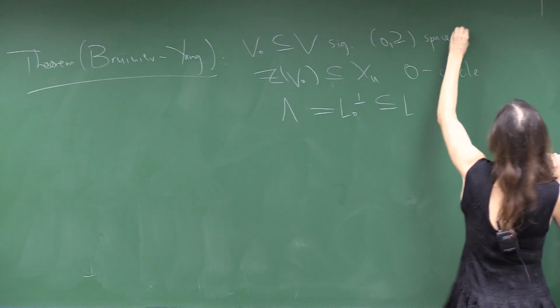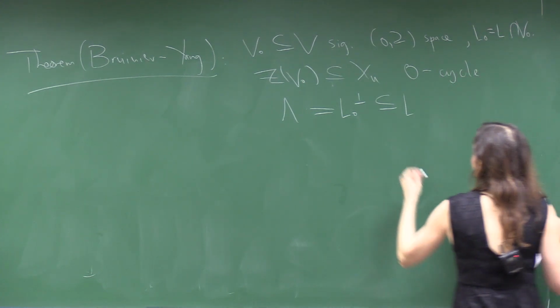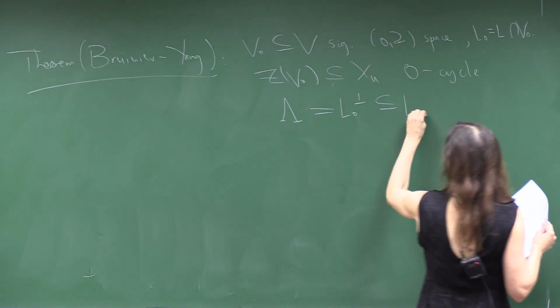Excuse me, and then L_0 will simply be the intersection with the maximal lattice, and then you consider the complement in here.